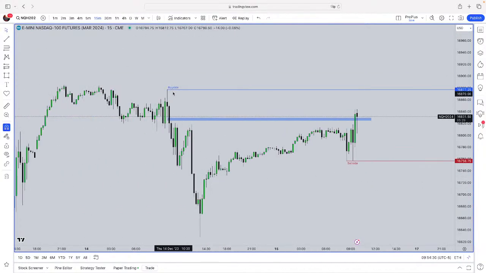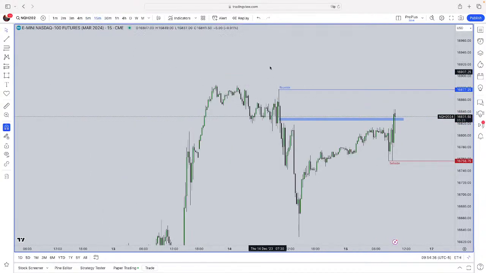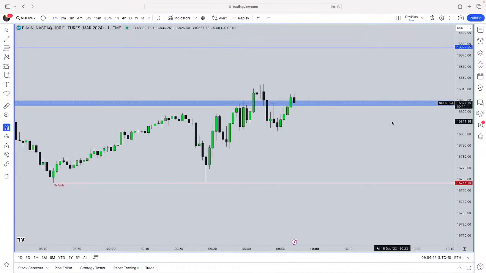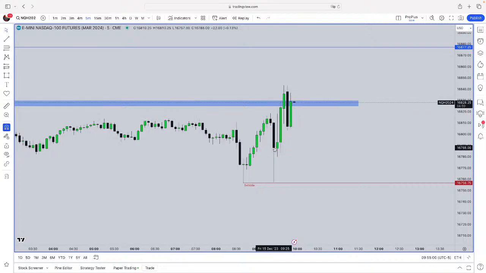So it wants to run higher. There's that buy side here. It'll be the buy side. 9:25 minute candle. What, for an order block, are you saying? 9:25 minute candle.